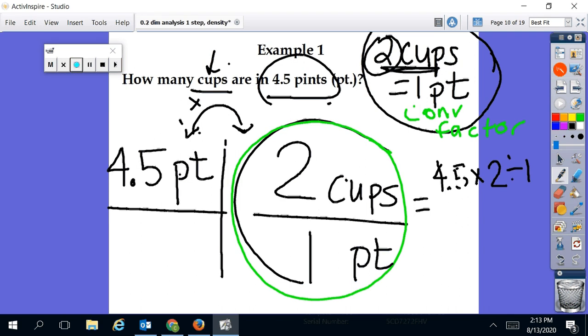That's how it would be in my calculator. So that would be 9. Okay, and then I got to put the units because I'm dealing in quantities, not just numbers. So watch how the units cancel out. Pint will actually cancel out with pint, leaving the unit of cups.